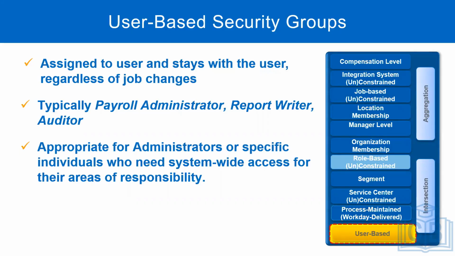What can we call this kind of a security group that can access the entire system? Unconstrained. Perfect. Yes, because there is no constraint as such, it is unconstrained. It is typically an unconstrained type of security group, and typical examples are your administrators, auditors, report writers. These are some typical examples of a user-based security group.